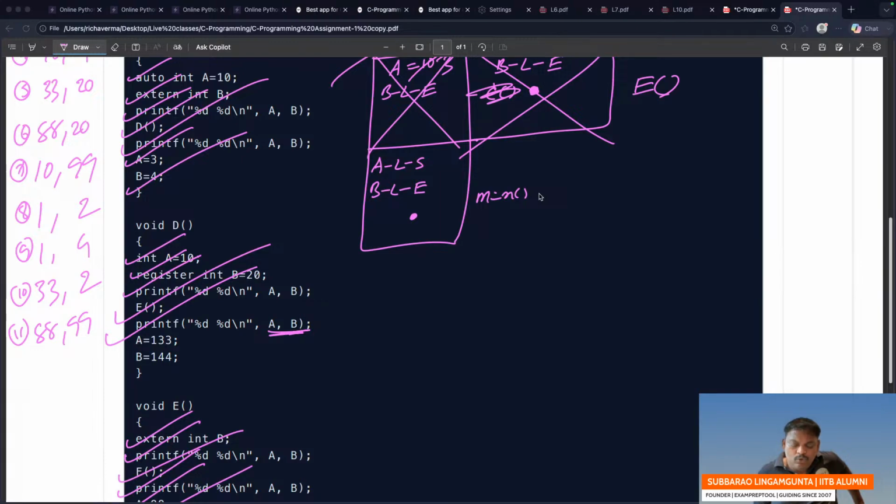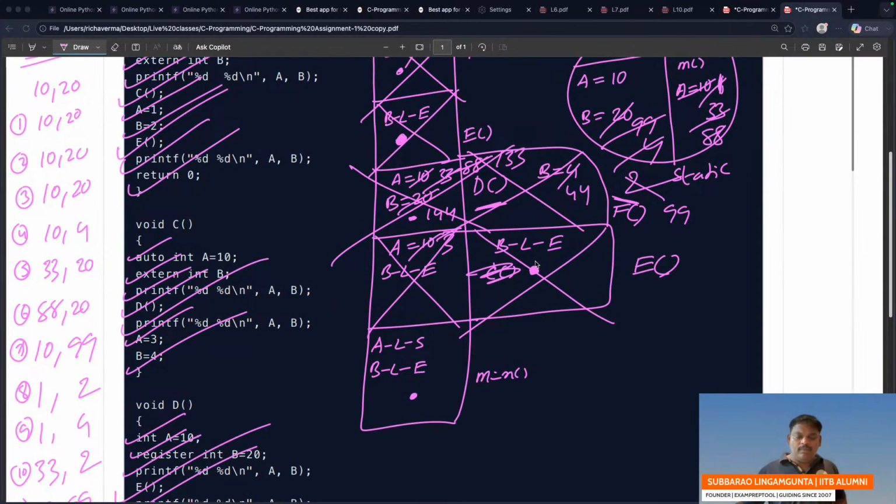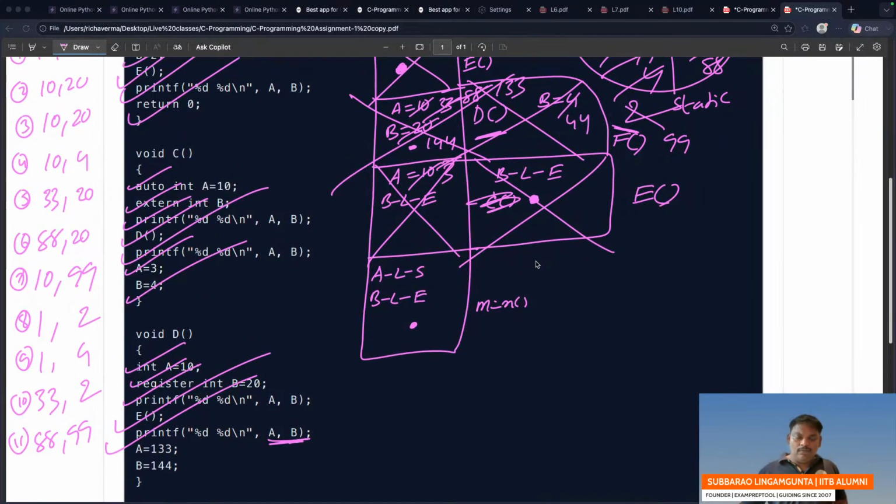So in the E, 2 values will be printed. In the F, 1 value. Lastly, one more printf. If you go to the main, lastly one printf. E called.